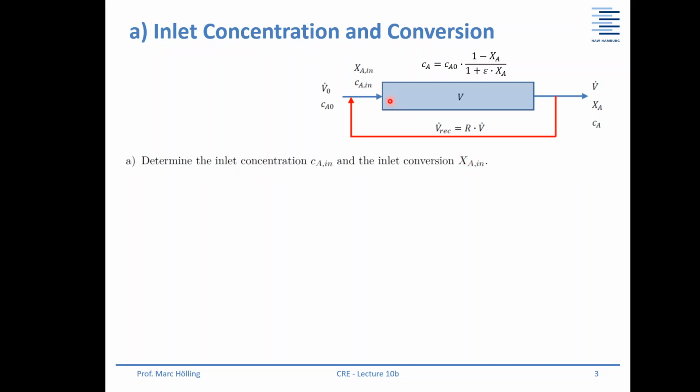So here you can see our reactor again, and what we want to know here is the inlet conversion and the inlet concentration, and for this I gave you some formulas in the script. So basically it's just putting in the values that we had here. So let's try this.